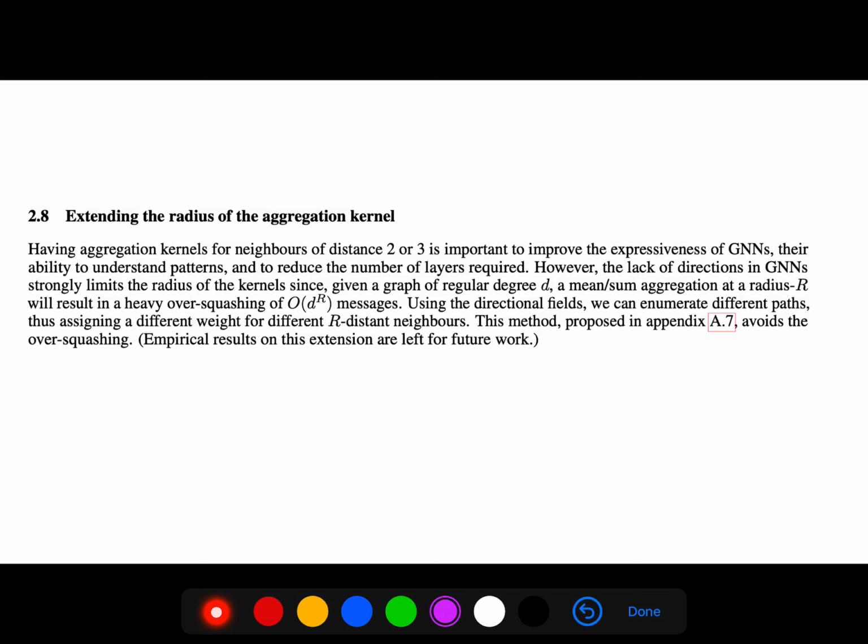However, lack of directions in GNNs strongly limits the radius of kernels, since given a graph of regular degree d, a mean or sum aggregation at a radius r will result in a heavy over-squashing of order of d to the r messages. So we can enumerate different paths, thus assigning a different weight for different r distance neighbors.